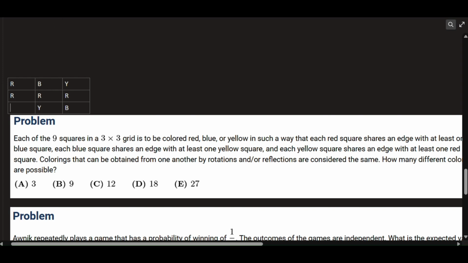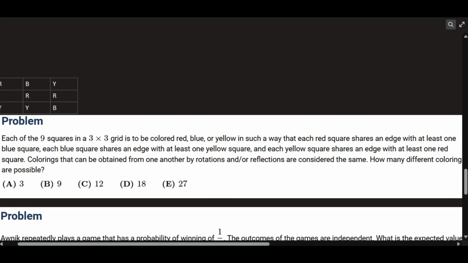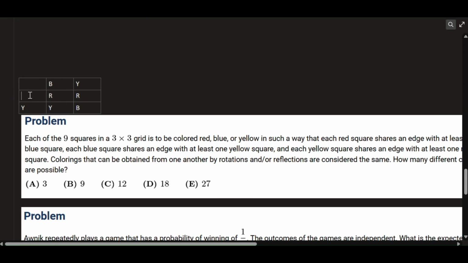However, if the bottom one is yellow, then this has to be a red, and this could be a blue. So we know that this doesn't work.